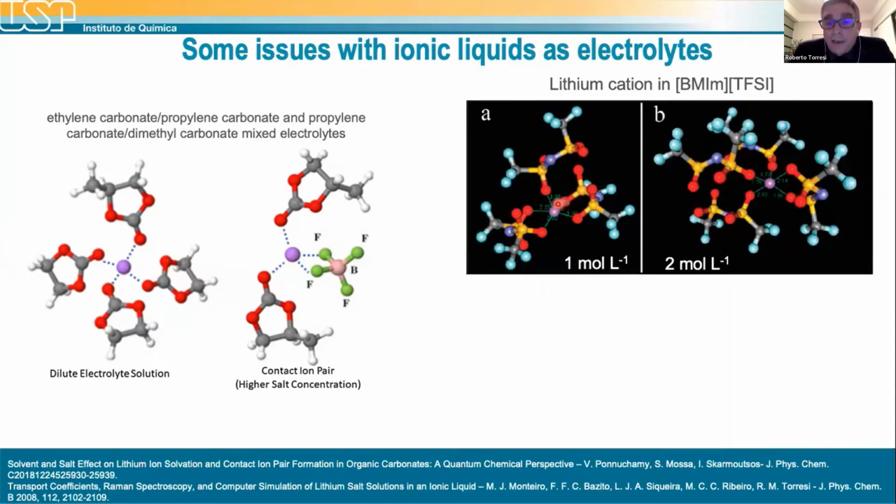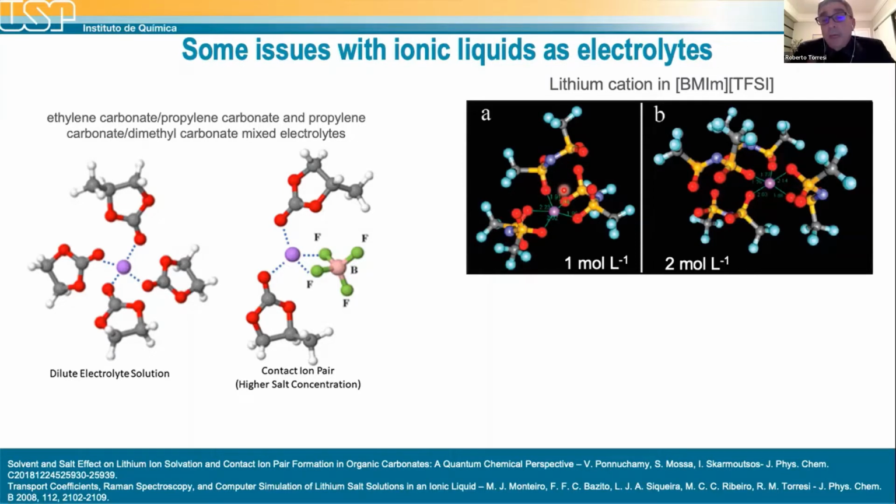So you have here the lithium cation, if we put the lithium salt in the ionic liquid, and here you have the coordination of the lithium cation with the anion. This in red are oxygen on the TFSI anion. So in this case, there is not a solvation by solvent molecules, but a coordination by the anion of this ionic liquid.